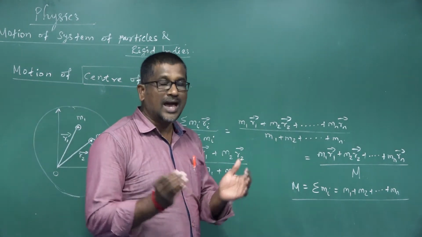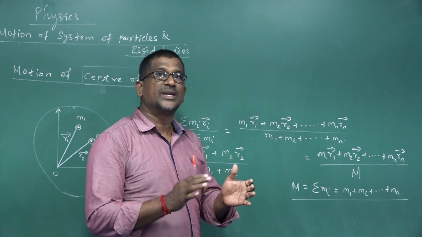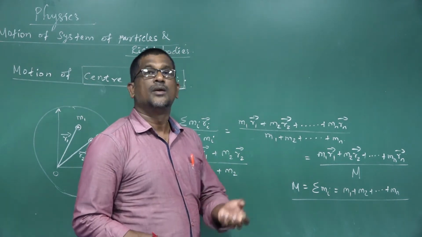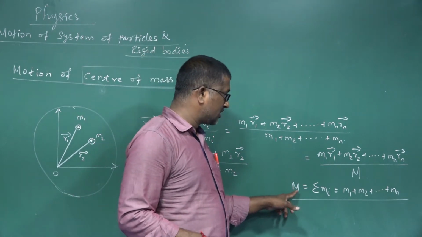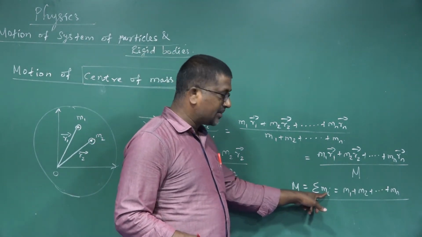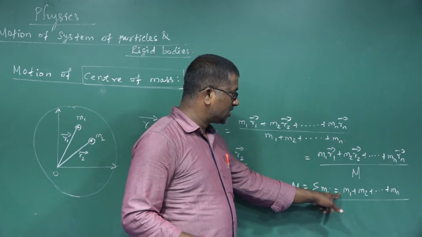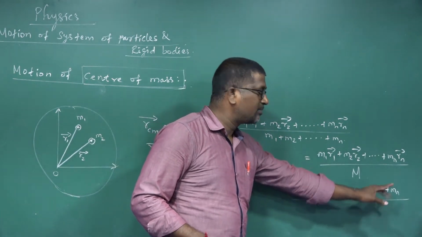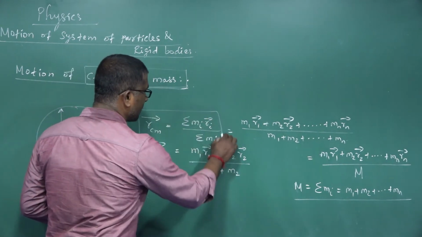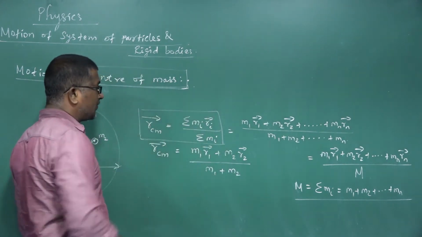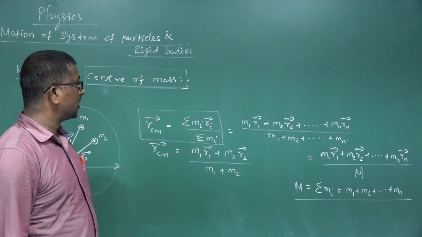By adding the masses of each and every particle in the rigid body, we get the total mass: M equals summation m_i, which equals m1 plus m2 plus etc. plus mn. So this equation gives the position vector of the center of mass of a rigid body.